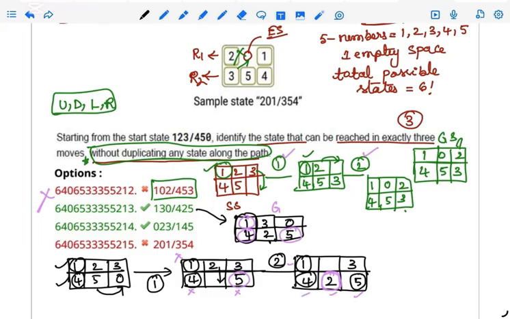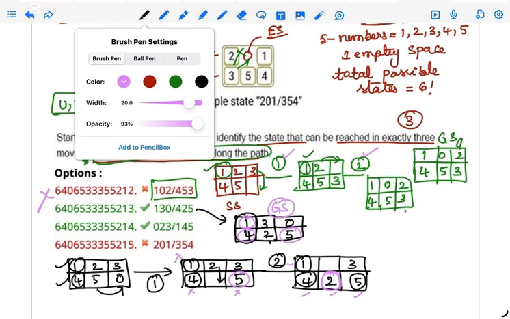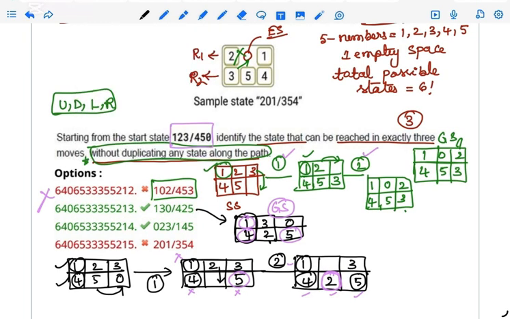This is the goal state. This is the starting state given in the question. So for the third move, they are asking exactly 3 moves.